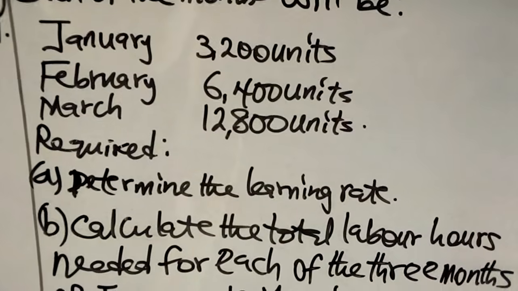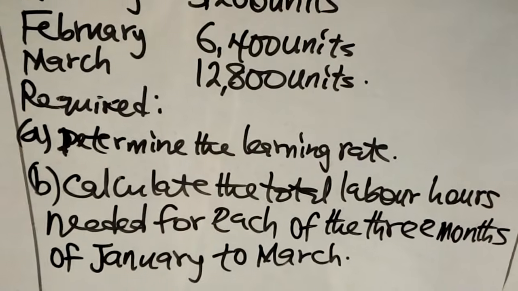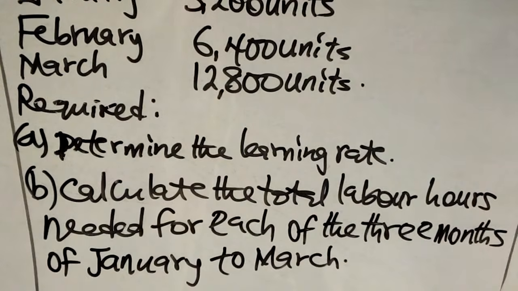Required: A. Determine the learning rate. B. Calculate the total labor hours needed for each of the 3 months of January to March. You are not given the learning rate and you want to determine it.